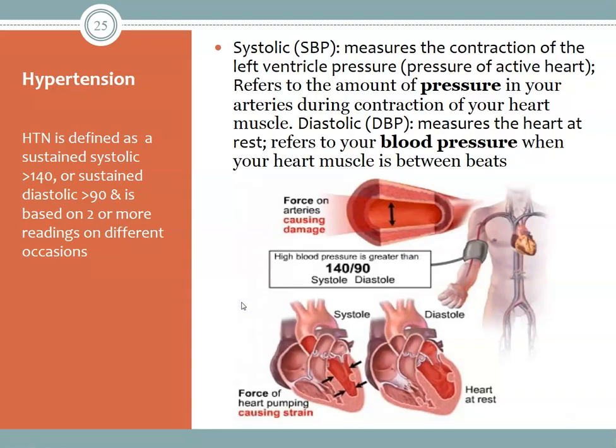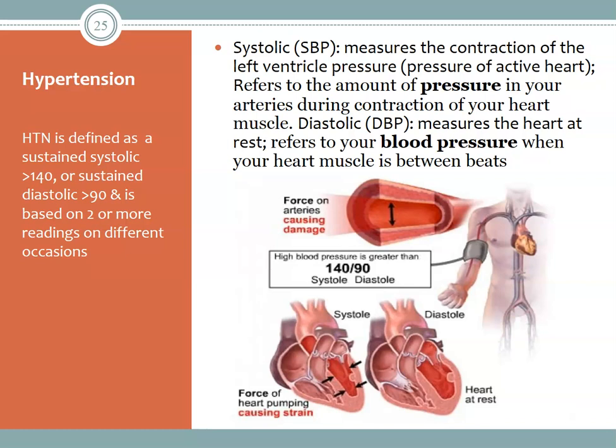Remember, hypertension was just redefined and the measures were lowered approximately 2 years ago. And so now it is defined as a systolic above 140 or a sustained diastolic above 90. And this is based on 2 or more readings on different occasions within 3 months. Again, the systolic pressure measures the contraction of the left ventricle.